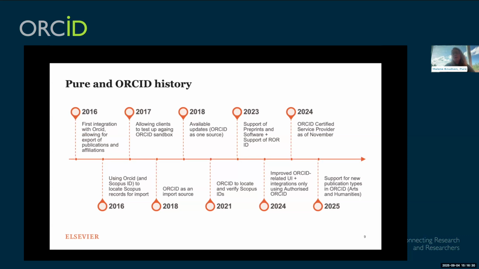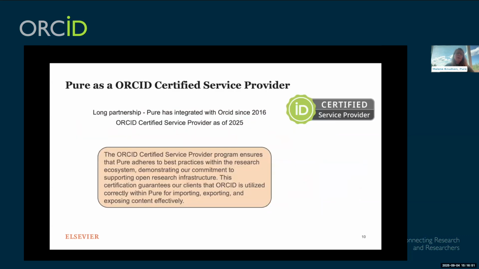One of the latest things we have been doing is that in 2024, we were, I don't know, rewarded, can we call it that, with being an ORCID certified service provider. I want to talk a little bit about how that came into place. First of all, we wanted to make sure that we did the very best we could with the data we have in Pure.